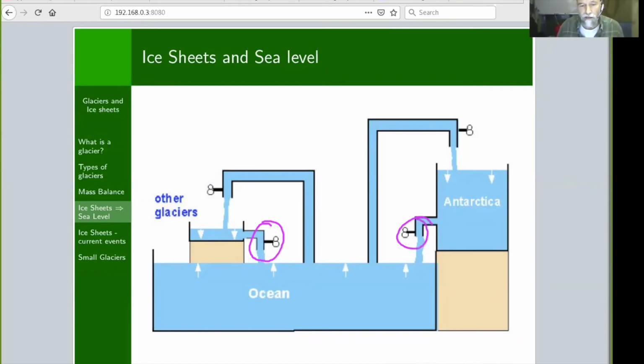Because currently the East Antarctic ice sheet has a slightly negative mass balance, but its current contribution to sea level rise, the tap, if you will, is not on very hard at all. Greenland and small glaciers and ice caps are contributing a significant amount more.